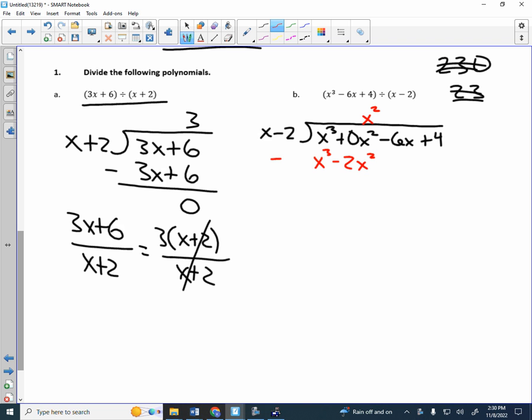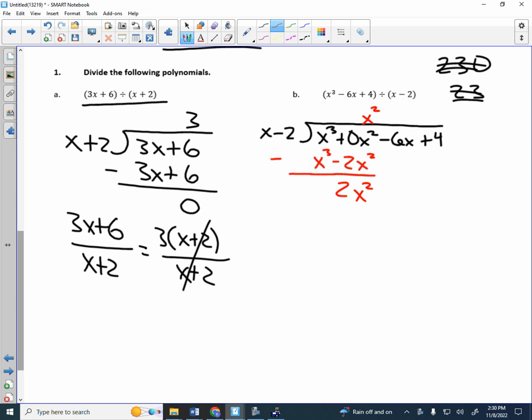And I subtract those. Notice how the x cubes go away. We determined that by this first result, by deciding what you multiply x by to get x cubed, that ensured that those will cancel. So I have 0 minus negative 2, positive 2x squared.